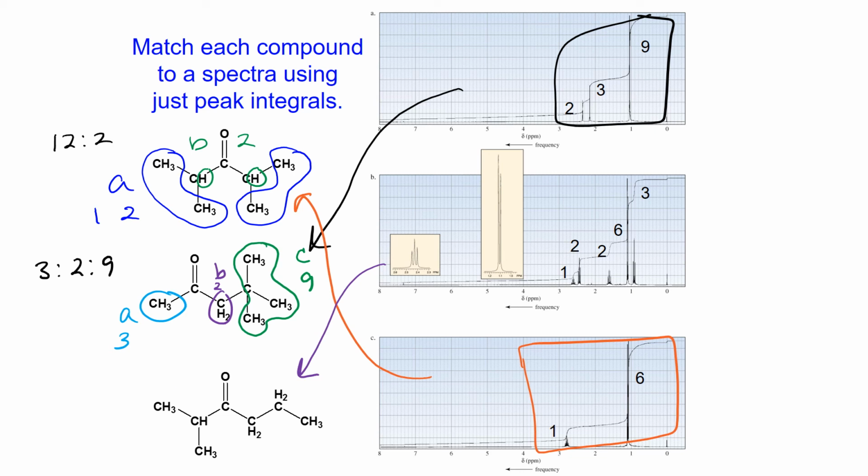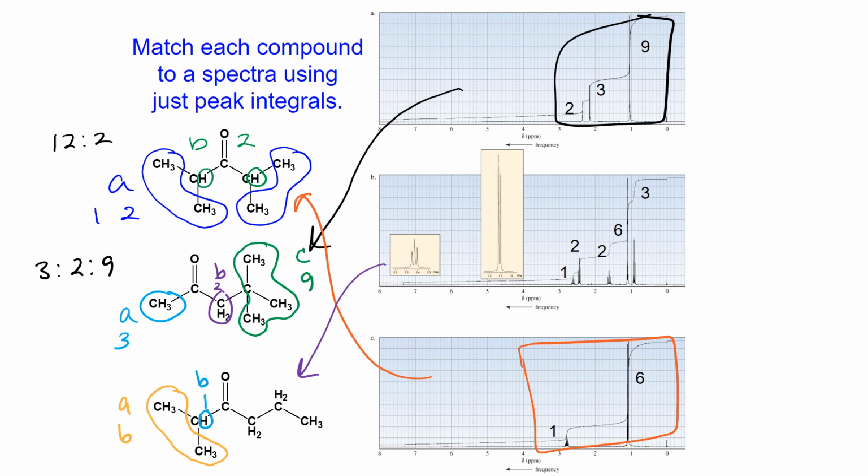Let's start with equivalent protons. We have these 2 methyl groups that are equivalent, so I would expect to see a signal that represents 6. This proton here is by itself. That would be b, and it's going to be integrating to 1.